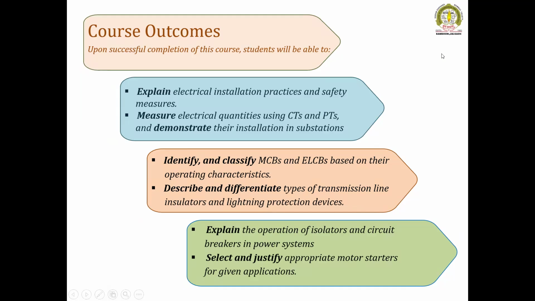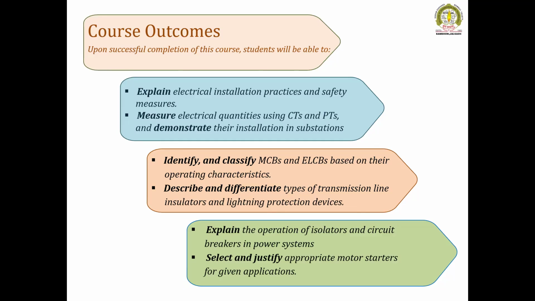Outcomes of this course: explain the electrical installation practices and safety measures, measure electrical quantities using CT and PT, and demonstrate their installation in the substation. Next is to identify and classify the MCB and ELCB based on their operating characteristics and type.